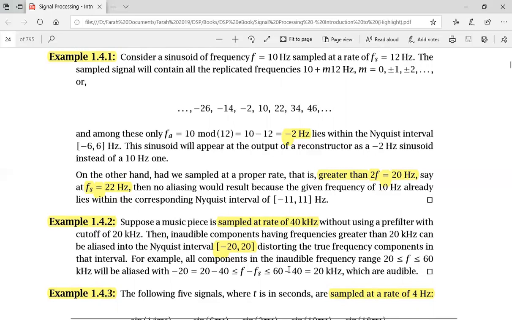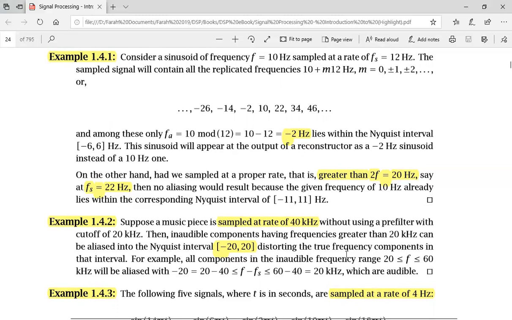This minus 20 to 20 kilohertz would be the Nyquist interval, and whatever signal you have in that frequency range would be an audible one. If for example your inaudible frequency range, from 20 up to 60, will be aliased, because that does not come into the audible range.